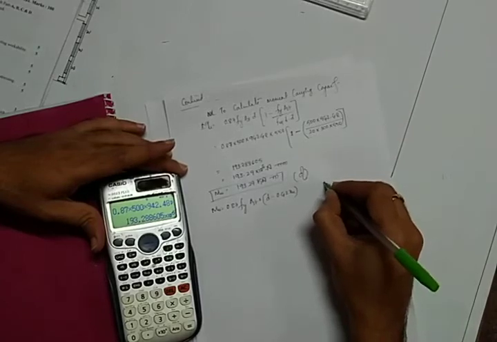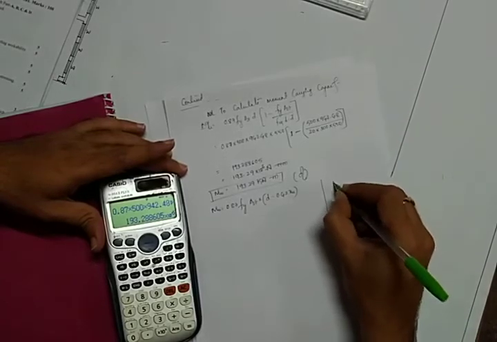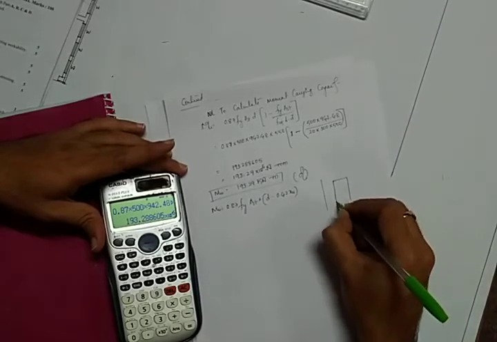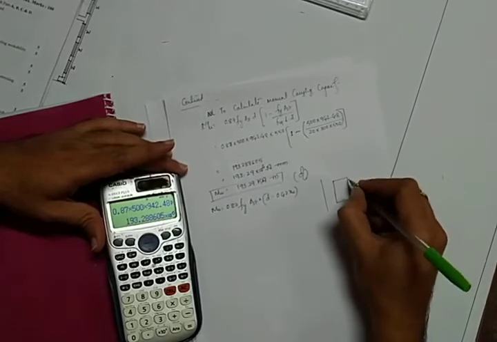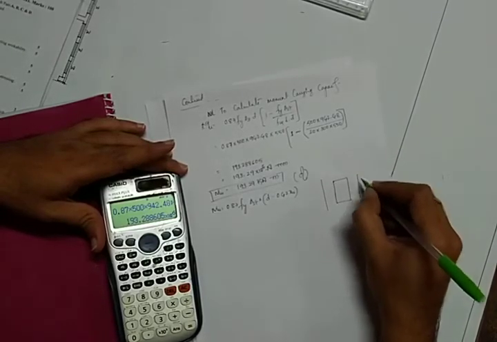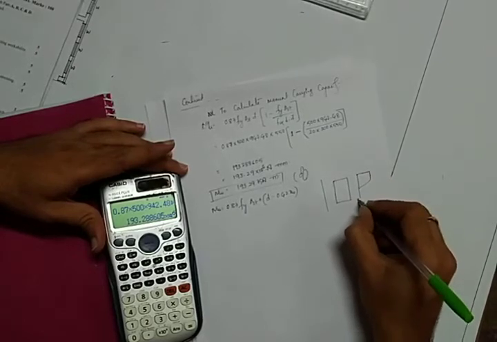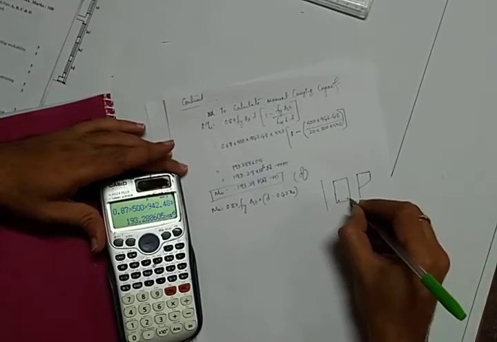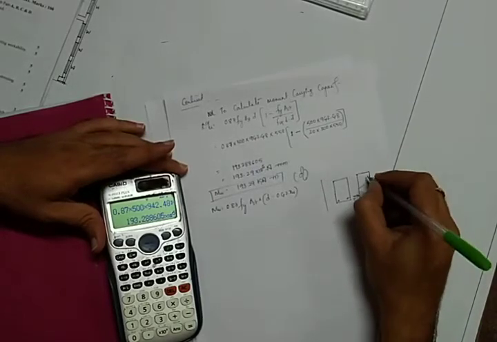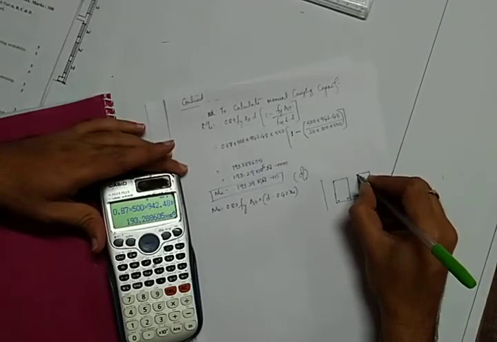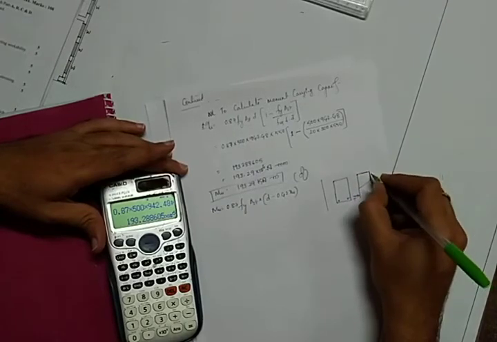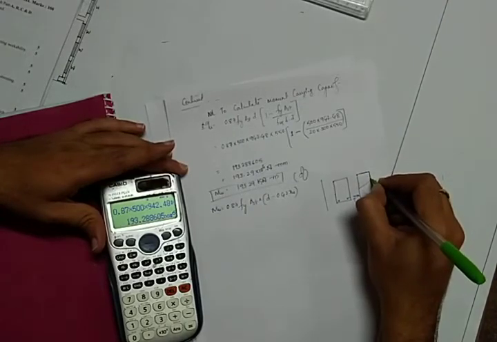In the class I have explained the stress block parameter, and in the stress block parameter I have deduced an equation for this. If you provide reinforcement here at the center, a force will be acting, that is T, the tensile force, and this will be the compression phase, and the stress variation will be like this.